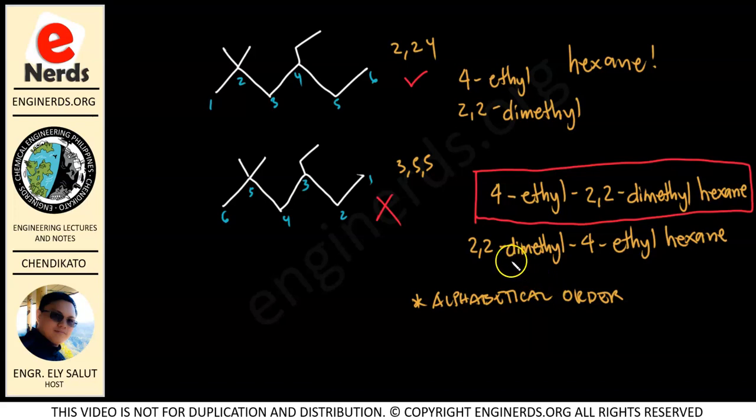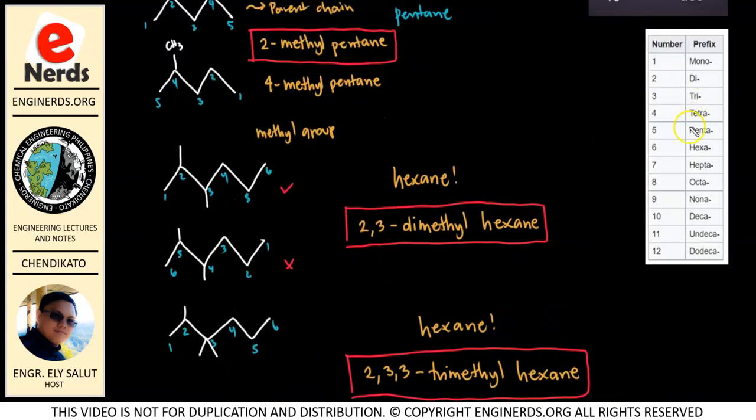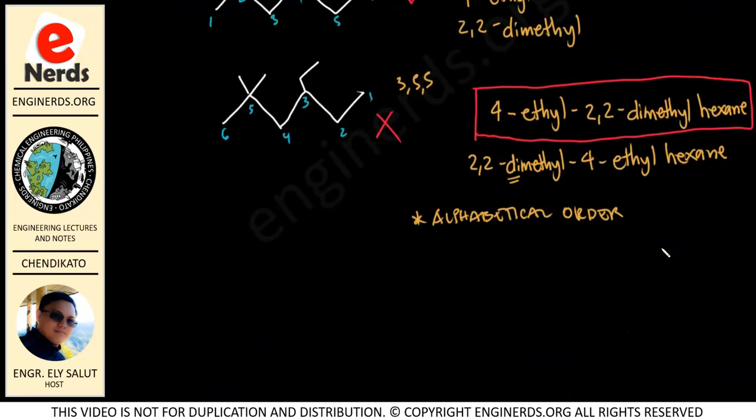Now, this is letter D, this is letter E. But, in naming hydrocarbons, we need to consider only the name of the substituents. We should disregard the number prefix. We have a number prefix here, di, because we have 2, right? So, number prefixes can be di, tri, right? These are the ones we showed earlier. We have to disregard these in considering alphabetical order.